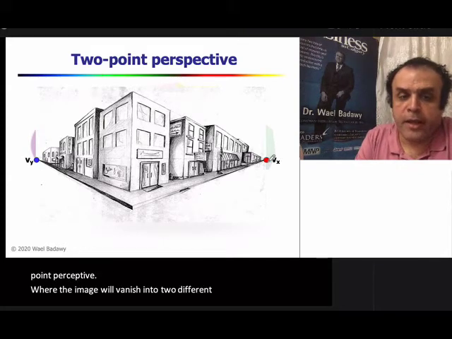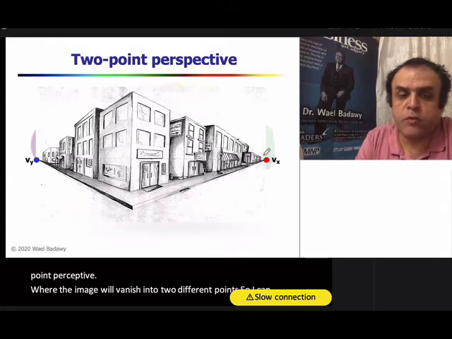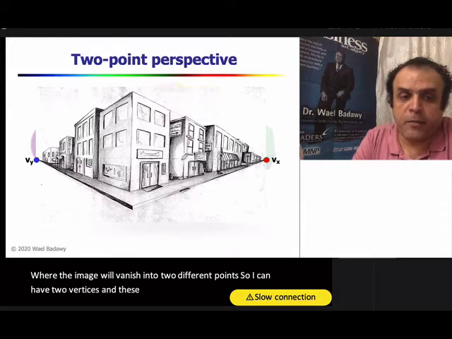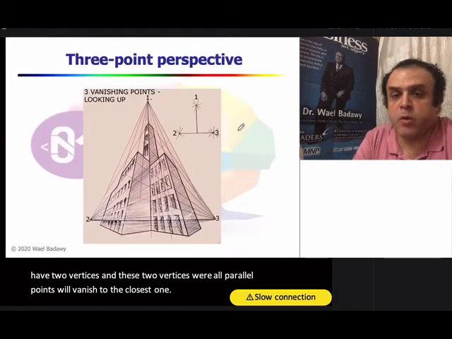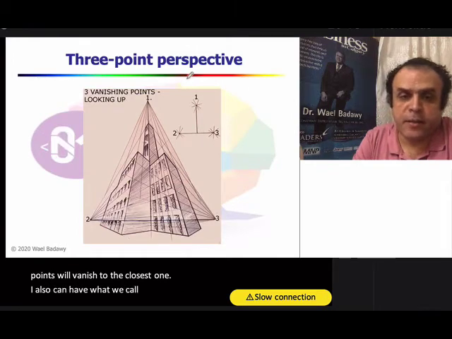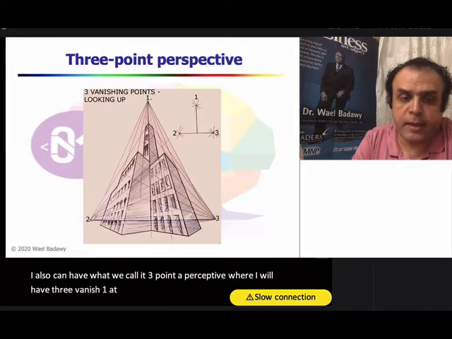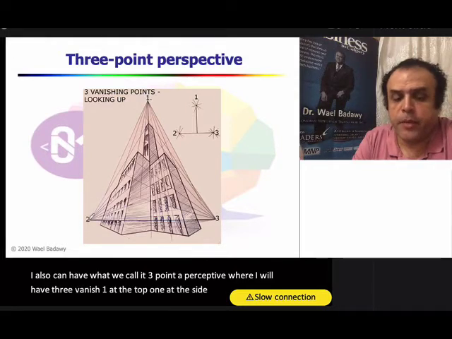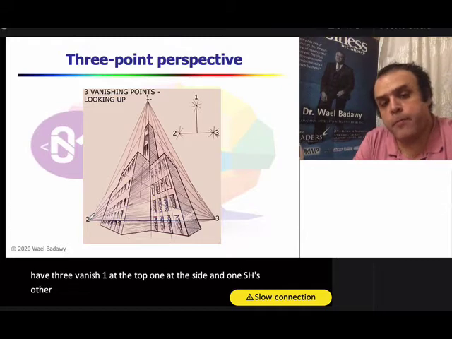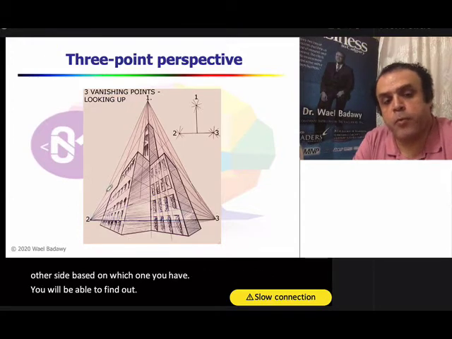So I can have two vertices, and all parallel lines will vanish to the closest one. I also can have what we call 3-point perspective, where I will have 3 vanishing points, one at the top, one at the side, and one at the other side. Based on which one you have, you will be able to find out how to map the real 3D into these images.